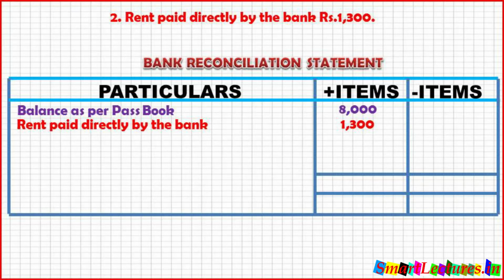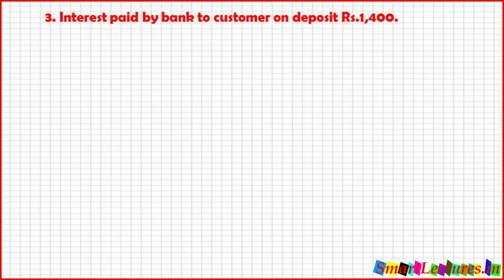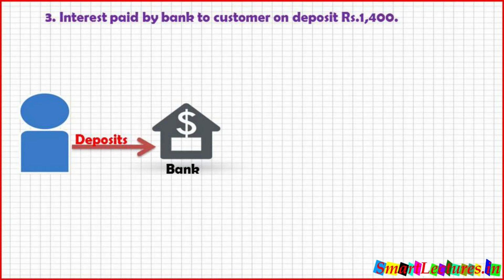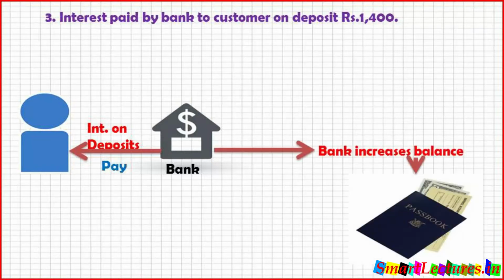Let's take the next item. Interest paid by bank to customer on deposits 1,400. It means we had deposits with the bank and the bank always pays interest on the deposits. To pay the interest on deposits, the bank doesn't come to our home with cash. The bank simply increases our balance in the passbook.